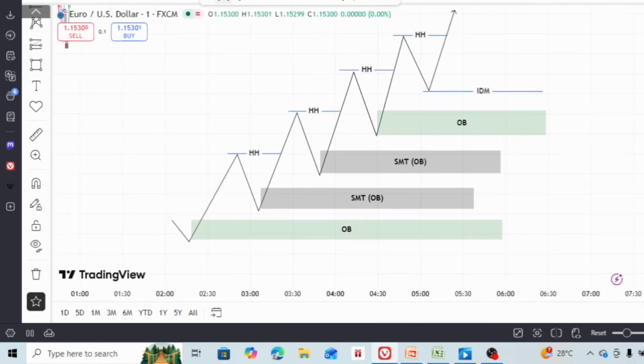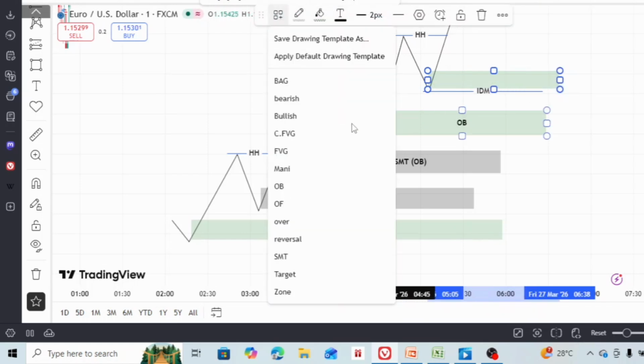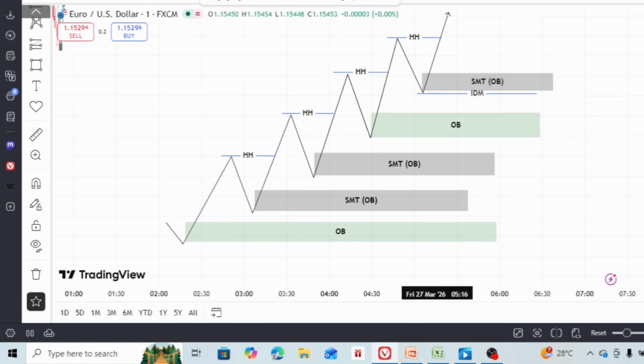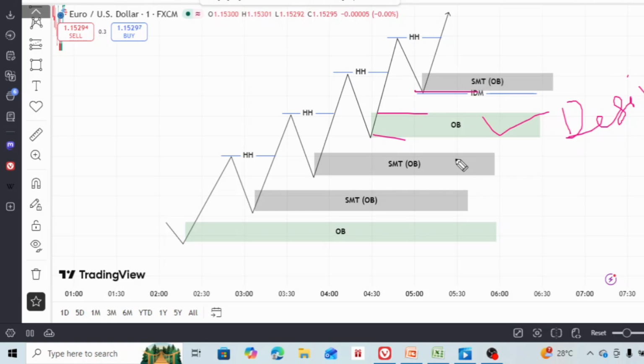And then in an uptrend, just above this inducement, if you have any order block, this will also be considered as the smart money trap. So order block should be below the inducement, and then if you have the order block here, this first order block will be the decisional order block. This is the valid order block.